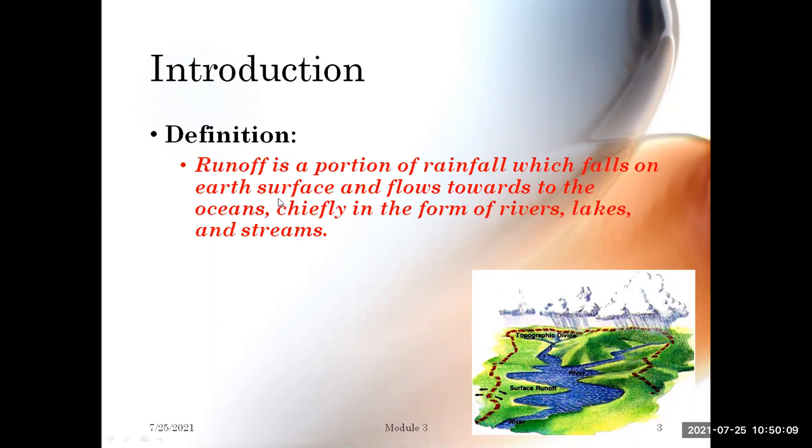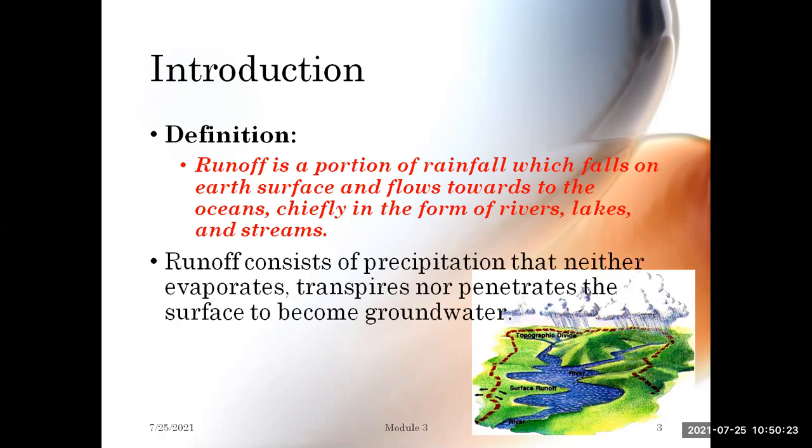Runoff can be defined as that portion of rainfall which falls onto the ground surface and flows towards the ocean, that is, through the streams, rivers, and lakes. So this runoff consists of precipitation which neither evaporates, nor transpires, nor penetrates into the ground surface.